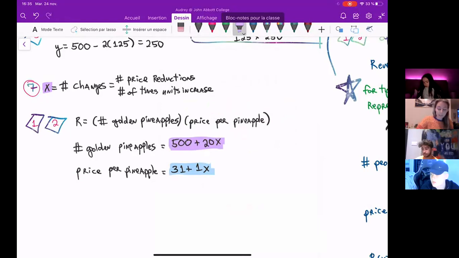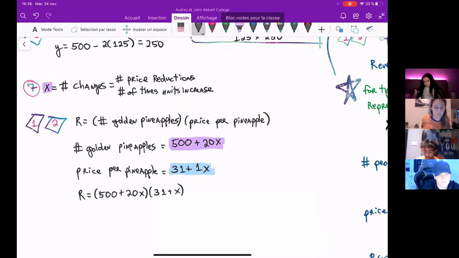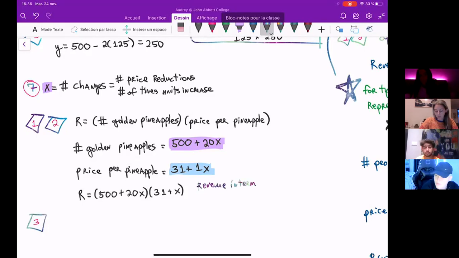Good. So this means that my revenue function is equal to 500 plus 20x times 31 plus x. So now we can move on to step 3 because I have revenue in terms of just one variable. And that's what we want.